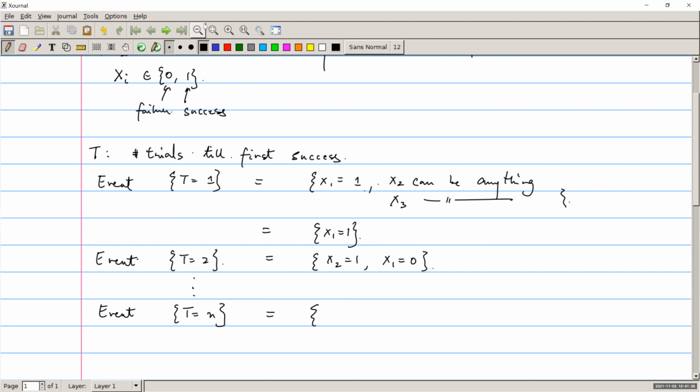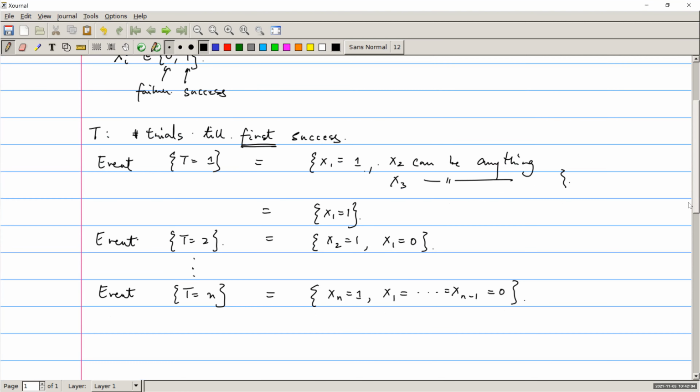It is not Xn equals 1, because T is the number of trials till the first success. Knowing Xn equals 1 does not imply that T equals n. Xn has to be 1, of course, but also X1 through Xn minus 1 must be equal to 0. If any of the prior bits were 1, T would be less than n.